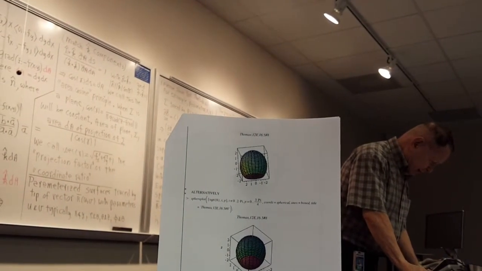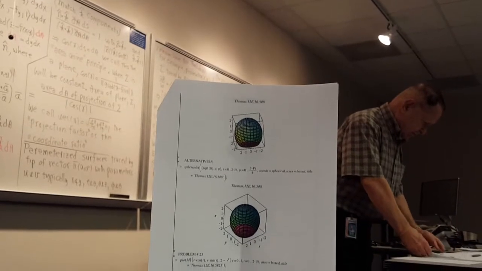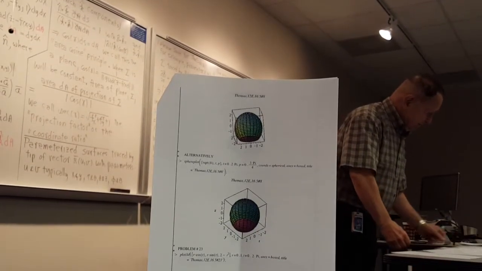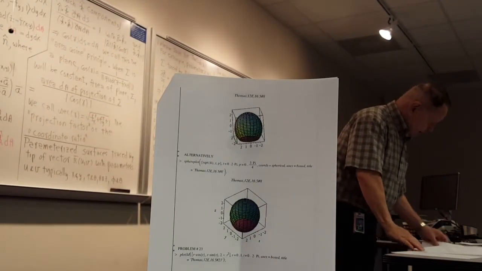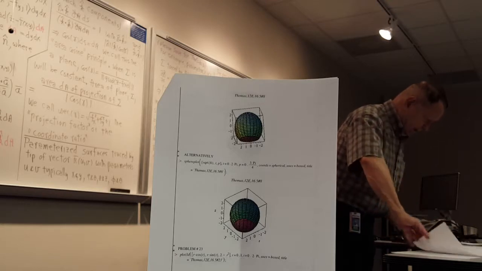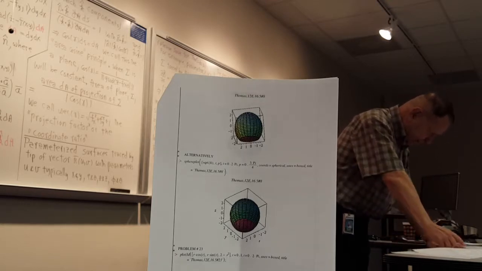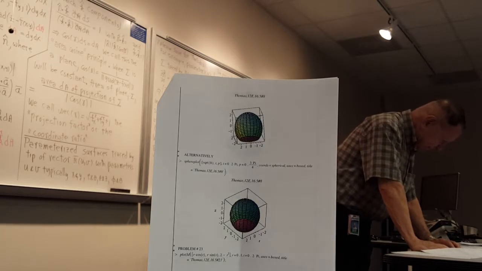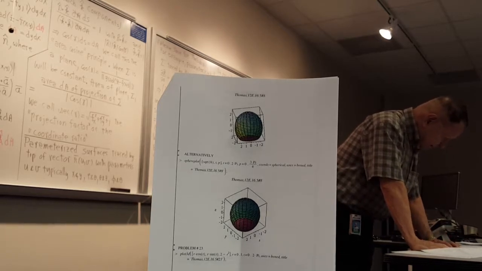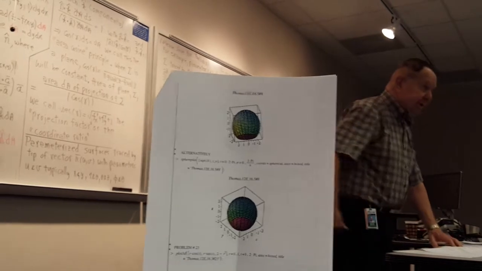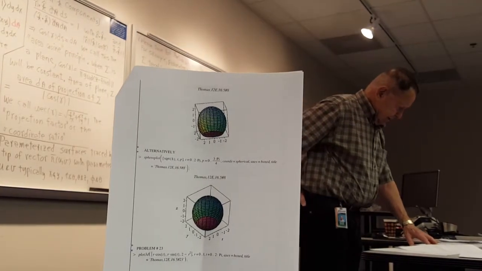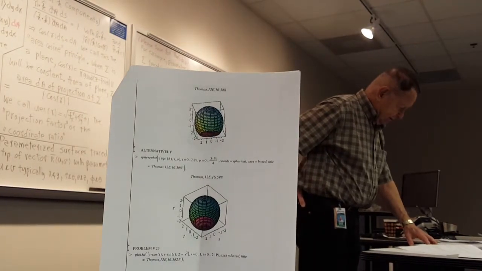And so what I'm showing really is what would be the top part of it. And so you see the figure on the back side. And then if you use cylindrical coordinates, I did it again using cylindrical coordinates.